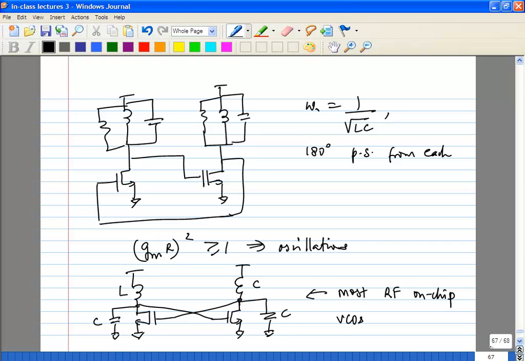The two outputs are here and you're cross coupling it back to the MOSFETs. It's by far the most common RF VCO for on-chip applications.